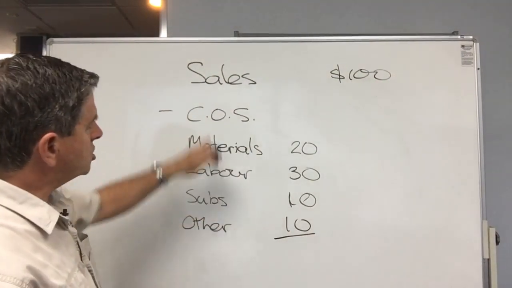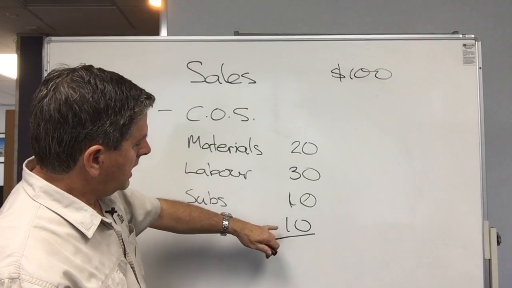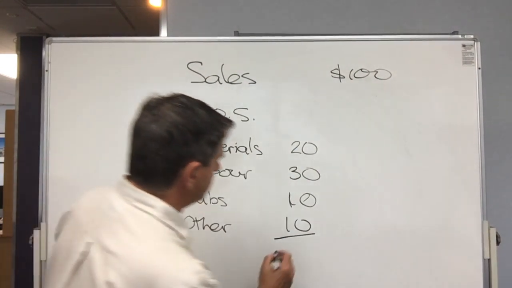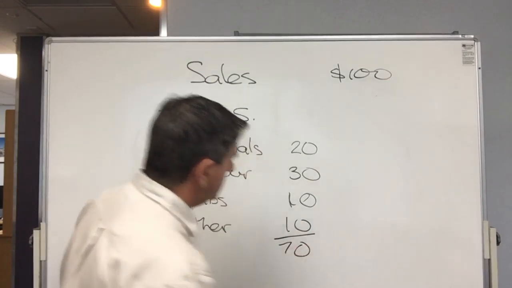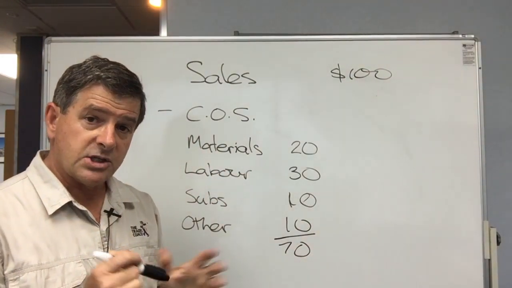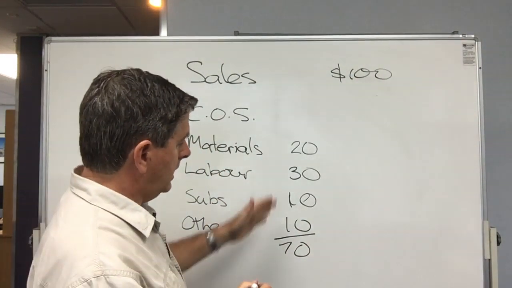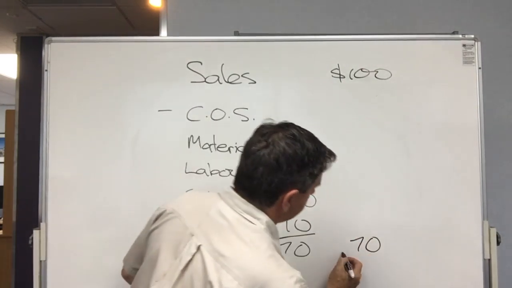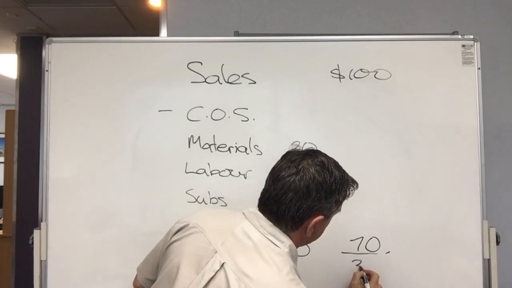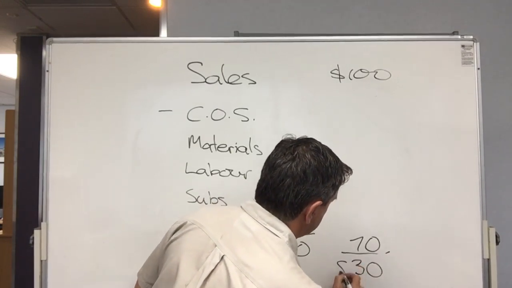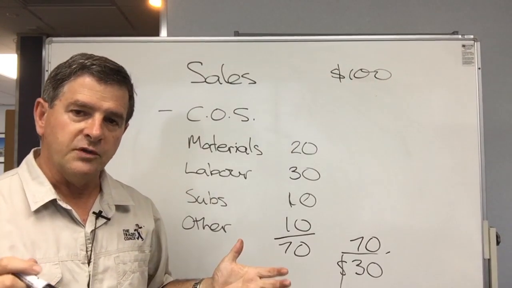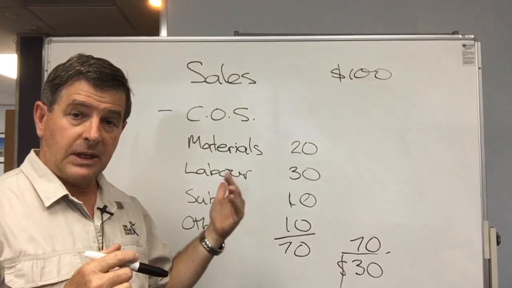So for our direct costs or cost of sales, we've got 20, 40, 70, $70 worth of direct costs in our business. So that comes off the sales revenue figure, and so in our business there's $30 worth of gross profit left.